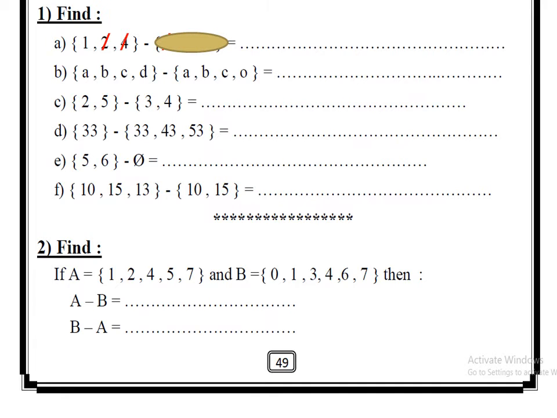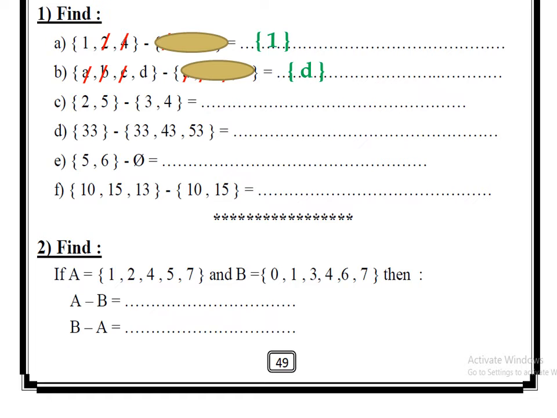So what's left from the first set is 1. Second question, A, B, C, D difference A, B, C, O. First I'm going to cross away the common elements, which are A, B, and C. Then I'm going to cover the second set. So what's left from the first one is the element D.